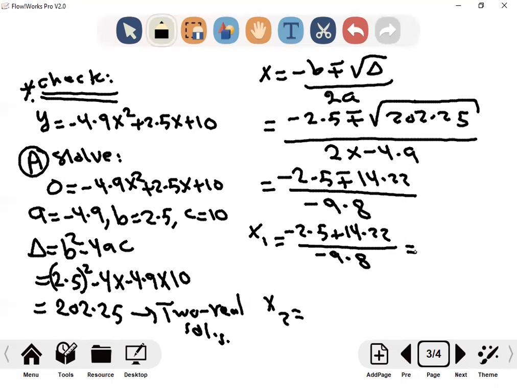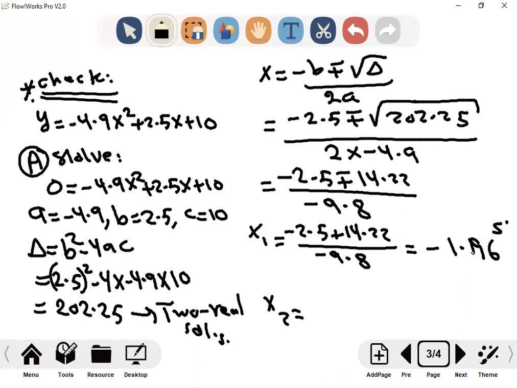Negative 1.196. Seconds. Okay, 1.196, right? Which is x, time in seconds. So x1 is negative 1.196.